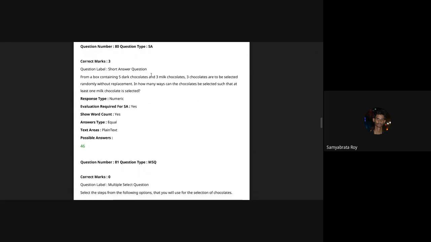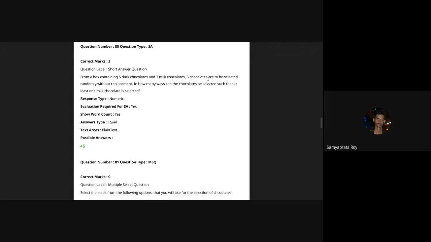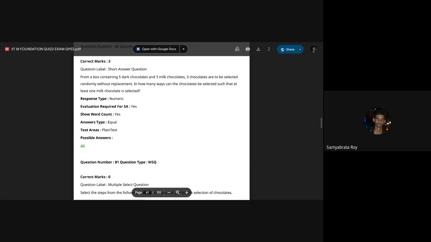So let us solve a few questions from previous years. What it has asked: from a box containing 5 dark chocolates and 3 milk chocolates, 3 chocolates are to be selected randomly without replacement. So I have 5 dark chocolates and 3 milk chocolates.